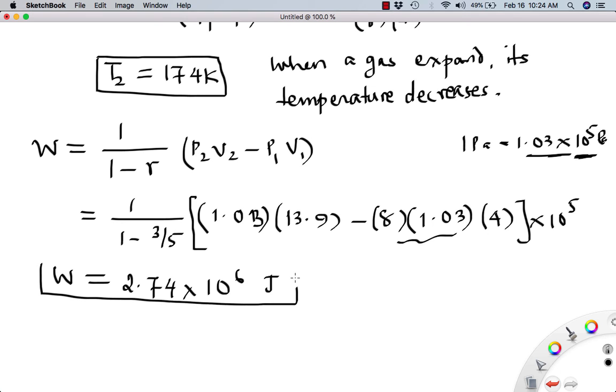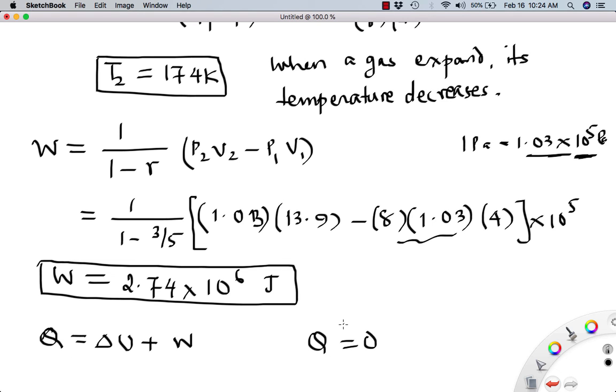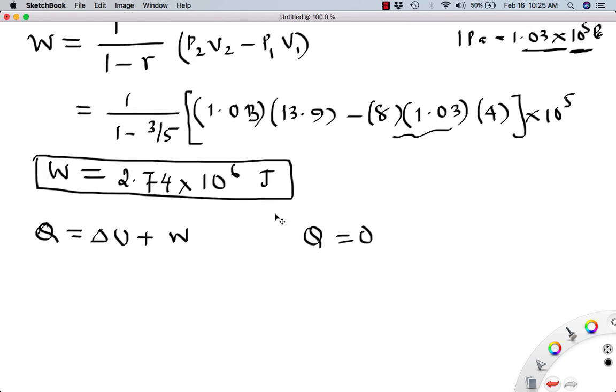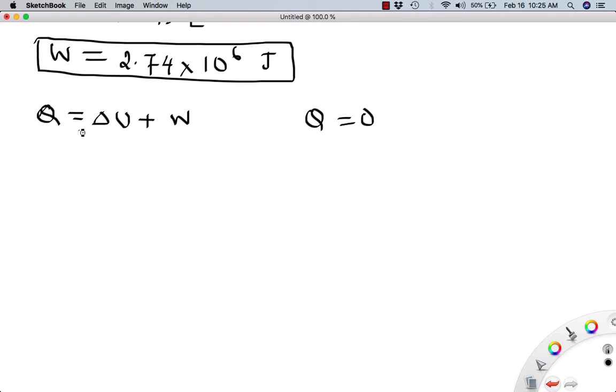Now we need to find internal energy. From the first law of thermodynamics, total heat supplied is equal to change in internal energy plus work done, and here Q is 0. So we'll have delta U is equal to negative W. Again, here the work is done at the cost of internal energy. Internal energy decreases when there is expansion.